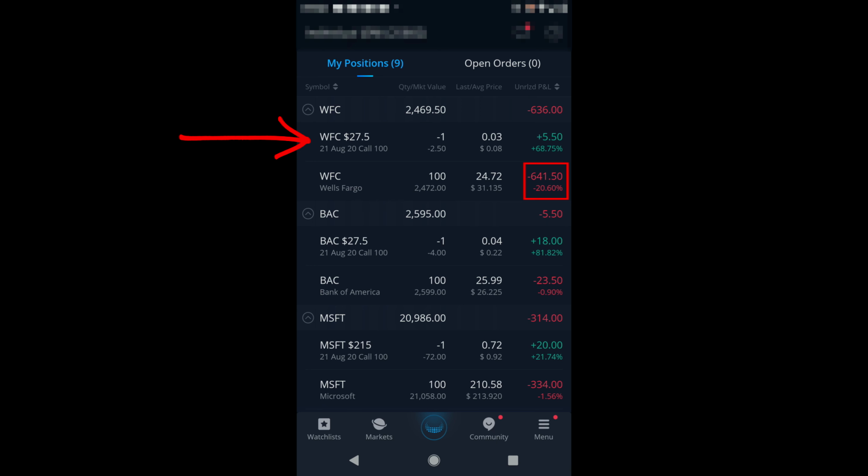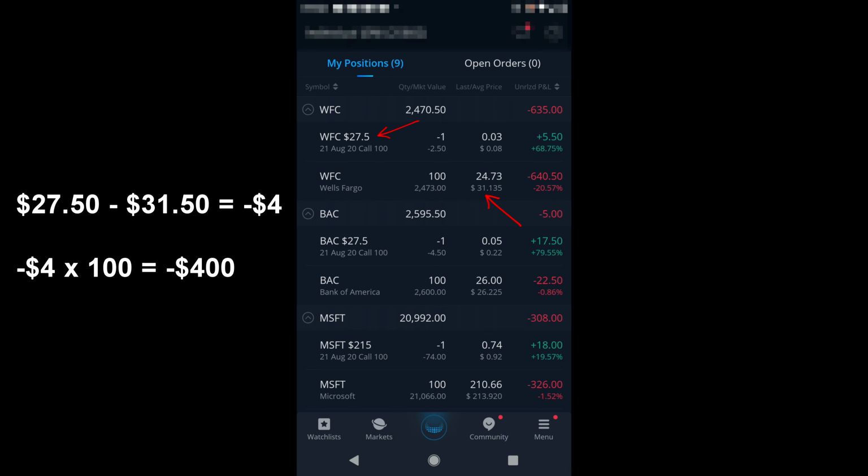So the covered call that's at $27.50, if that contract got exercised, let's say for some reason this week Wells Fargo started going back up and got to the strike price of $27.50 or higher, there's a chance that our contract would get exercised and our 100 shares would get taken away. Then I would lose the difference between $31.50 minus $27.50, times 100.